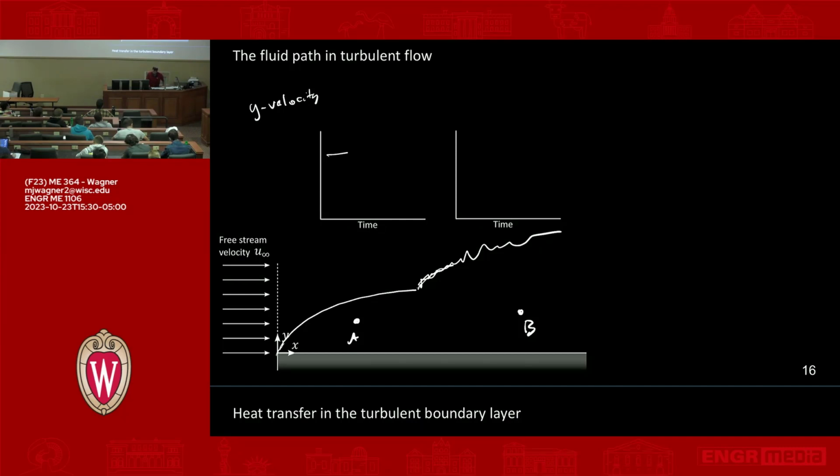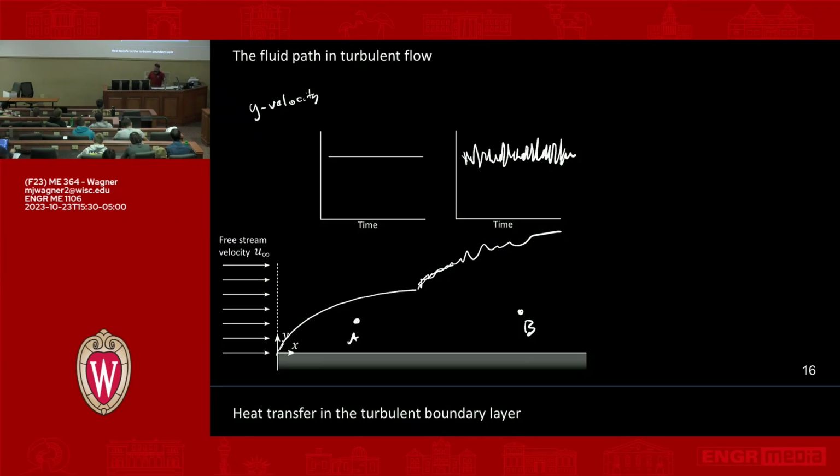So we're just going to see something boring, a flat line. There's basically no or little y velocity, and it's constant. If we look at point B, we're going to see something like this.